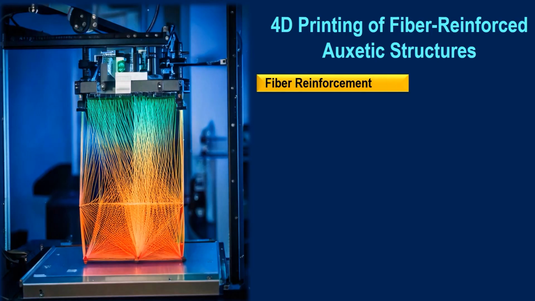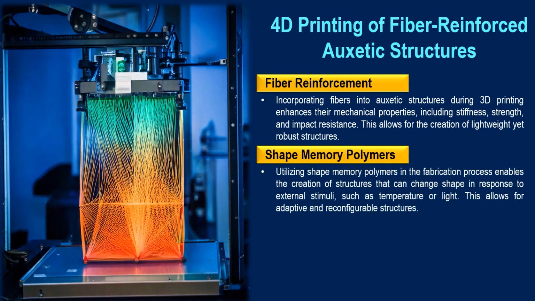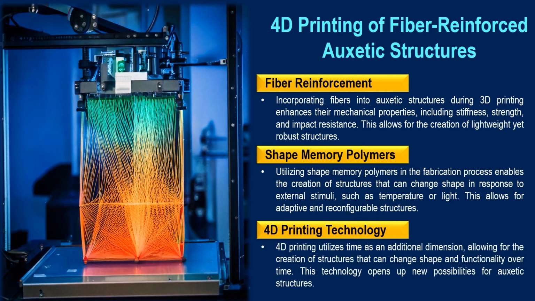So in 4D printing, it can be a fiber reinforced exotic structure, with the reinforcement of the fiber material. I can think of using the exotic property. I can think of using the shape memory polymer, and this can finally be used for the 4D printing technology, right?